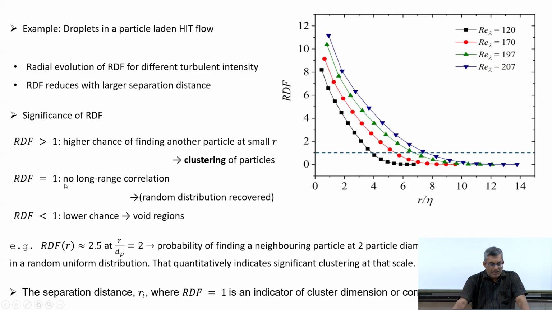If RDF is equal to 1, then you do not have any correlation, and if RDF is less than 1, then you have low chance of finding a test particle, or you are in the void region. So, the radial separation distance where the RDF becomes equal to 1 refers to the cluster length scale, or we can call this the correlation dimension.